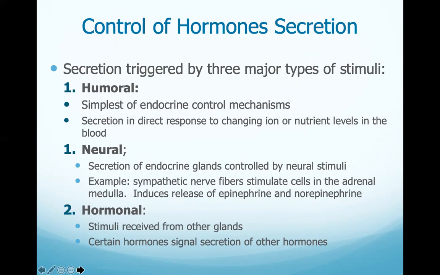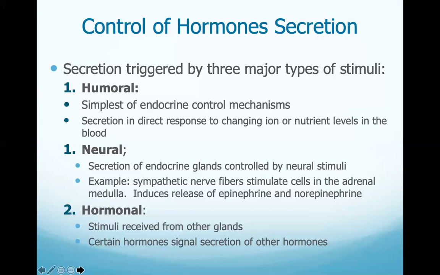If these words sound unfamiliar to you, please go back to your first semester course when we talked about the nervous system, and we talked about the two main branches of the autonomic nervous system, which were sympathetic and parasympathetic.